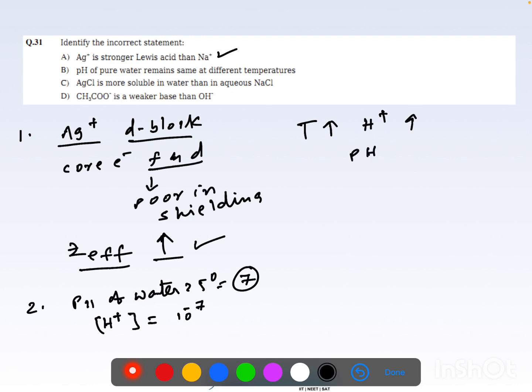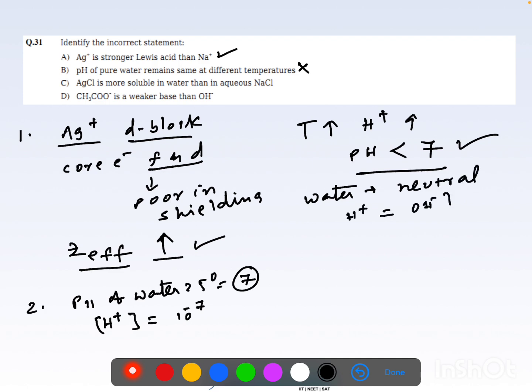Therefore pH will decrease, pH will become less than 7. So here the statement pH of pure water remains same at different temperatures is wrong. pH changes, but overall water will be neutral because the H plus ion concentration and OH minus concentration will be equal. So option B is incorrect, that will be the answer.